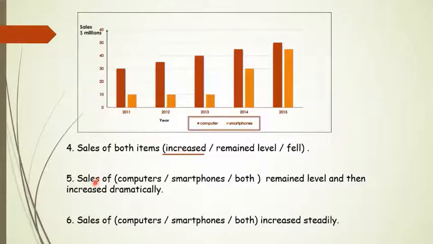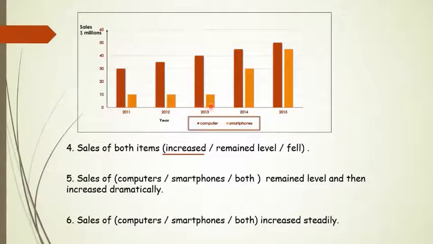Number 5: sales of computers, smartphones, both remained level and then increased dramatically. So the answer should be, look here, smartphones: in 2011 it is 10 million, 2012 10 million, 2013 10 million.